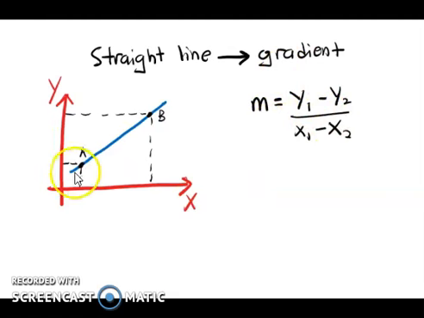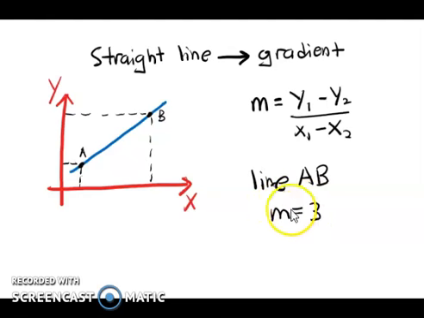So let's say for this line AB, we have a gradient of 3. The gradient of 3 for line AB, in any point of this line, the gradient is still 3. It will never change.